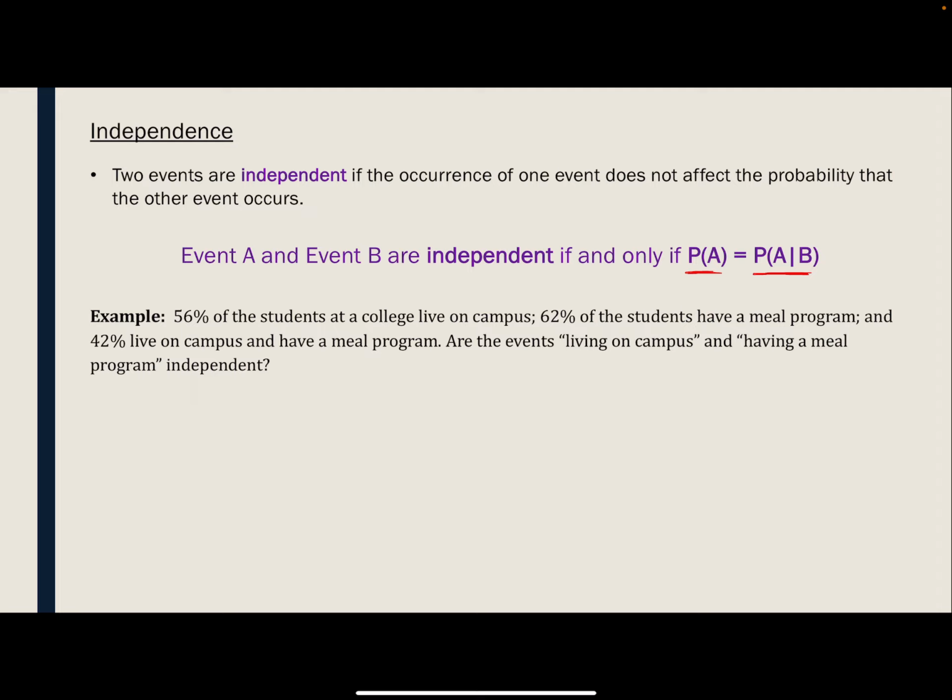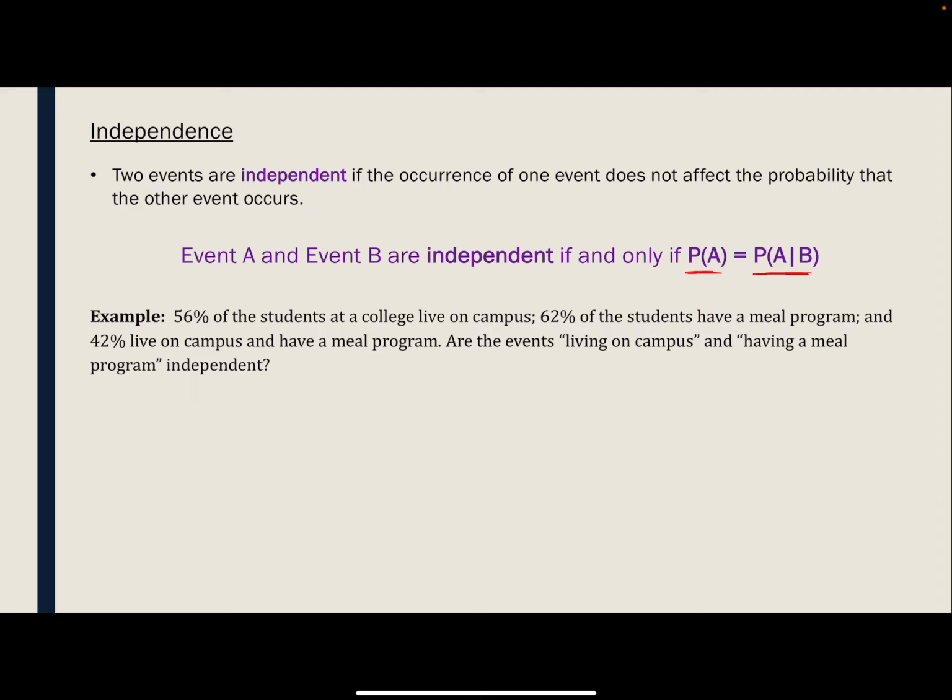So let's look at this example. It says 56% of students at a college live on campus, 62% of the students have a meal program, and 42% live on campus and have a meal program. Are the events living on campus and having a meal program independent? So I'm given two events.